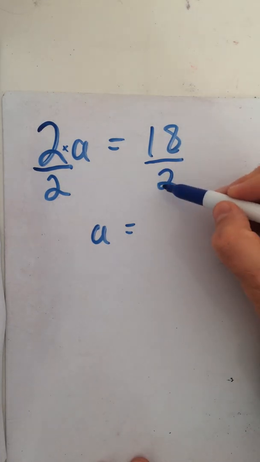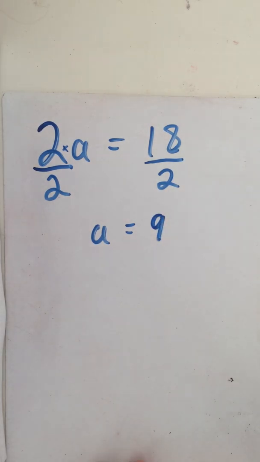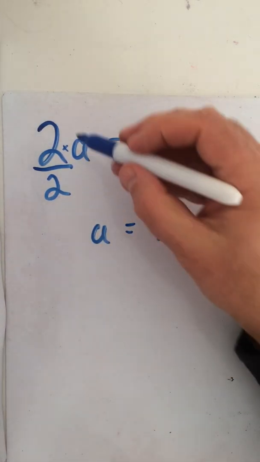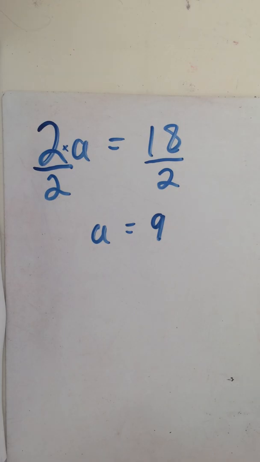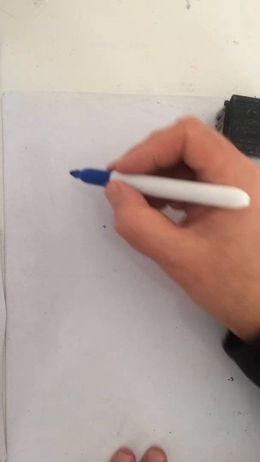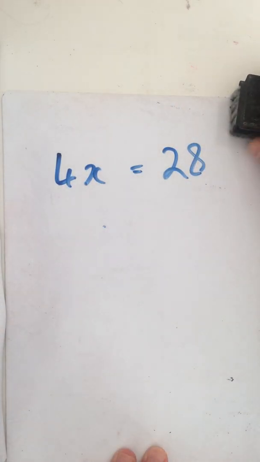Okay, so how many 2's are in 18? 9. So a is equal to 9. So this time, I'm just going to divide them both, because this is a multiplication. So let's have a little look at another one. Okay, so let's have a look at 4x is equal to 28.